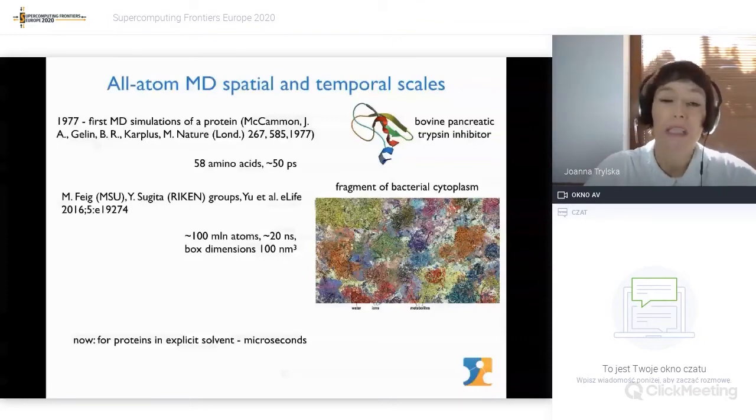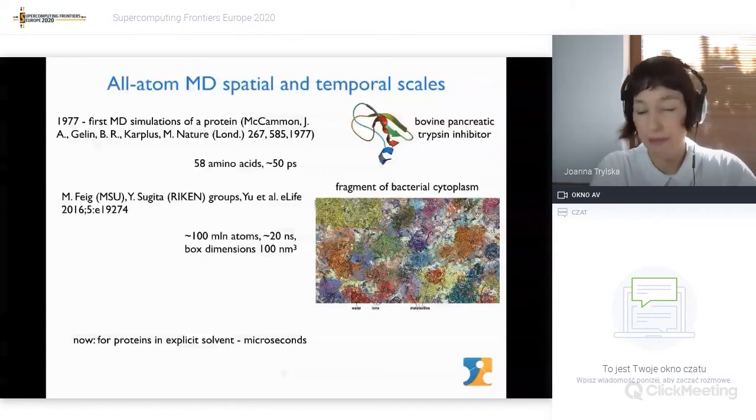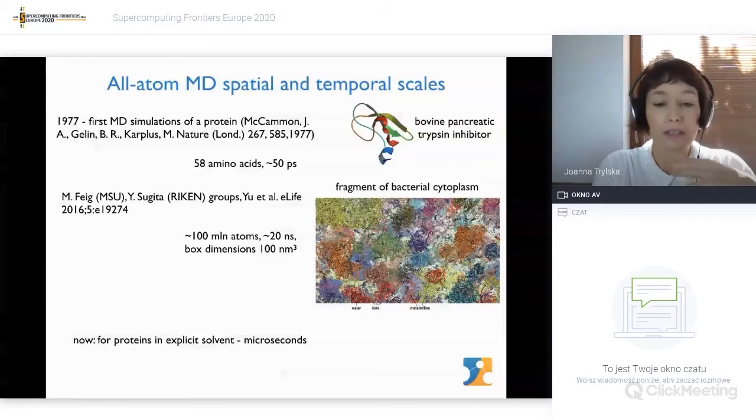And also the MD method and the integration algorithms are bound with errors because they are mostly based on the Taylor expansion. So my group, we are end users of HPC resources. We currently use NAMD.